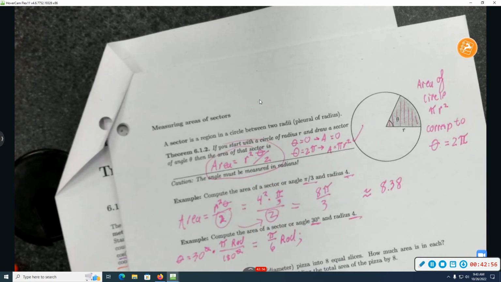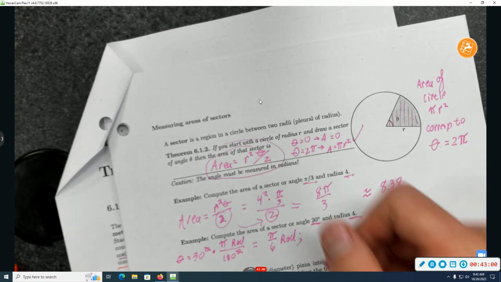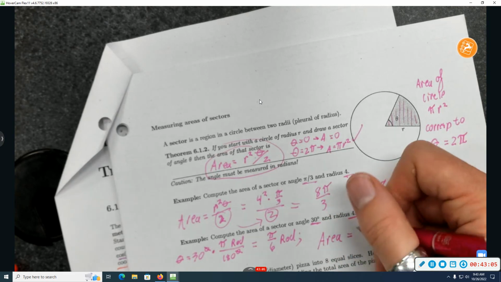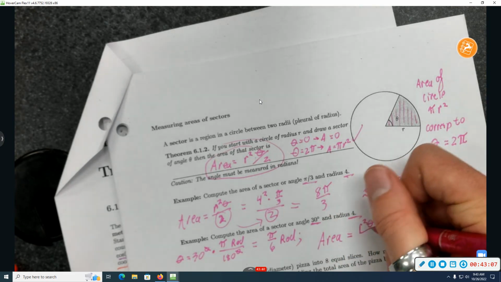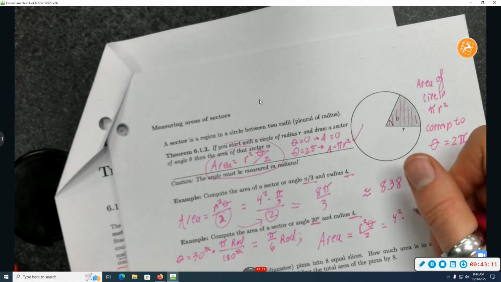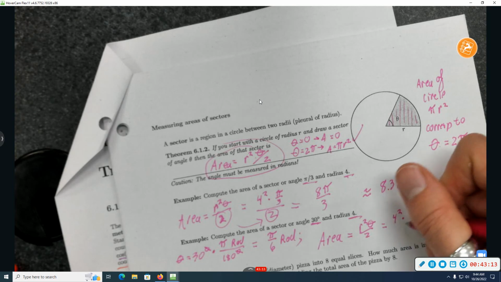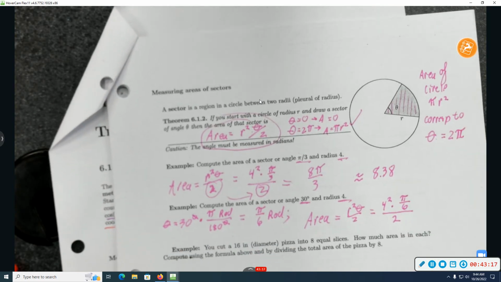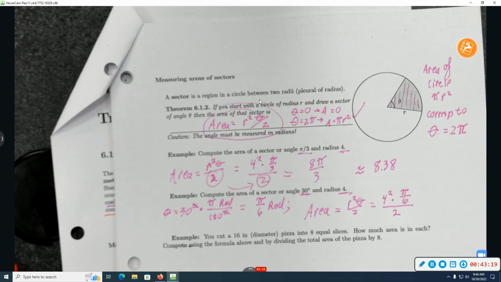Okay, cool. So now that we know theta, can we just use this formula? So the area is r squared theta over 2, which is 4 squared times pi over 6, divided by 2. And maybe I'll even try to do it without doing the hard work again.